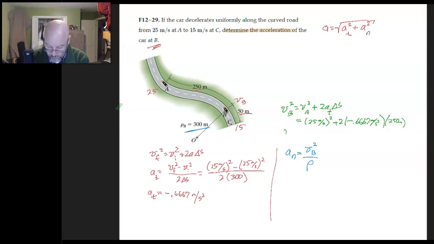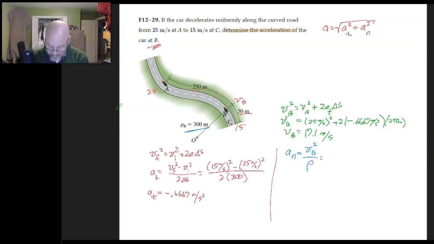Now when you run the mathematics on that, that's v_B squared. Make sure you take the square root, don't forget to do that. What you're going to get is 17.1 meters per second.